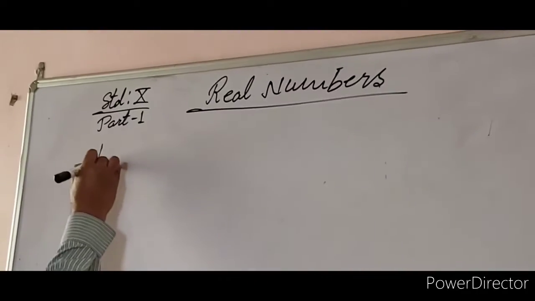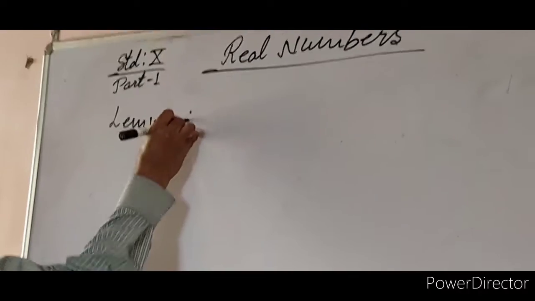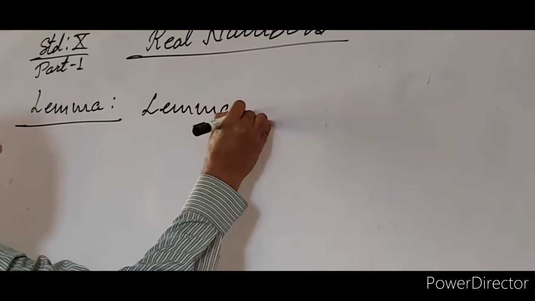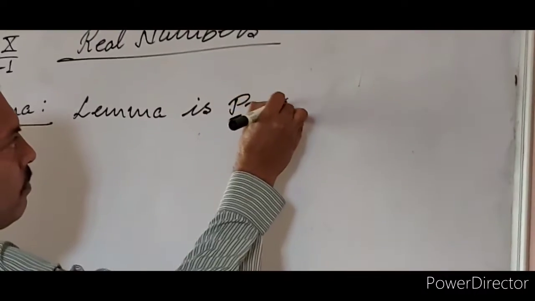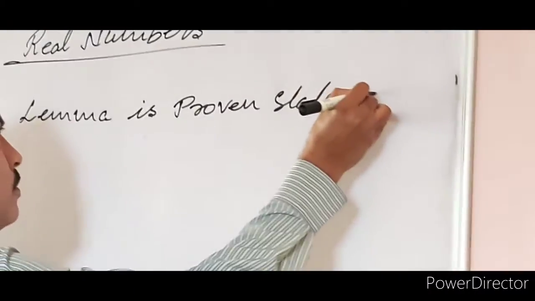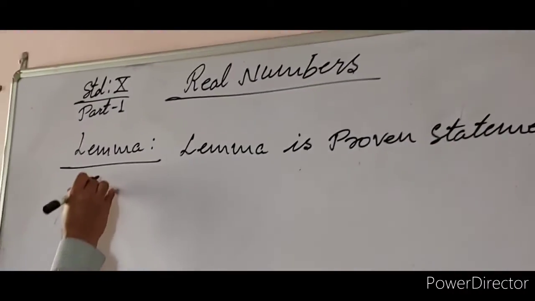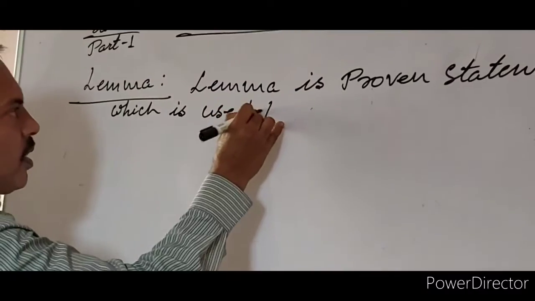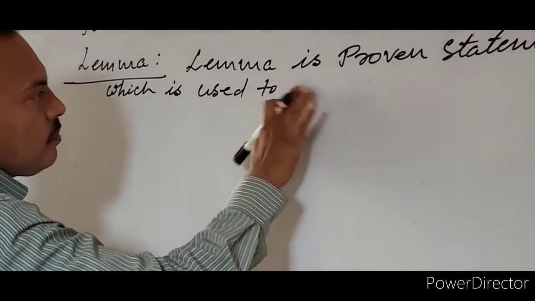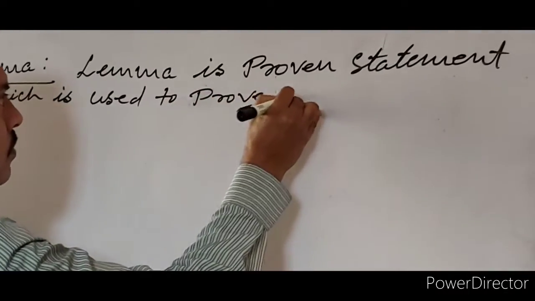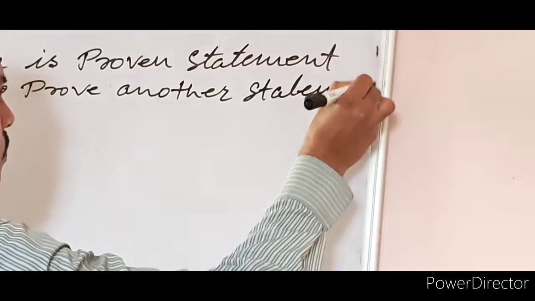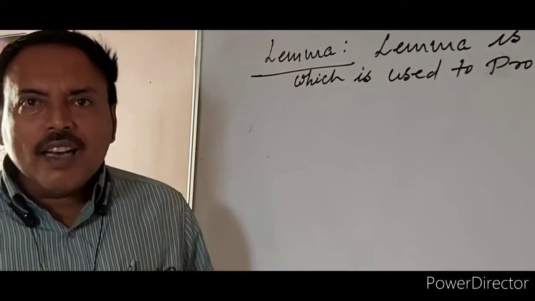What is lemma? Lemma is a proven statement which is used to prove another statement.